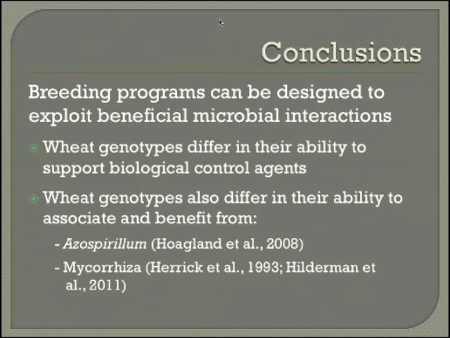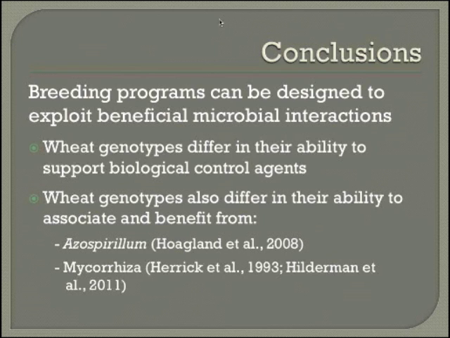I think breeding programs can be designed to exploit beneficial microbial interactions. It hasn't been something that most breeding programs have looked at, but we're seeing some really great results out of different studies showing how varieties are very different in how they associate with microbes, and how they increase these antagonistic species that help wheat as well as other subsequent crops reduce disease pressure, and with nutrients too.